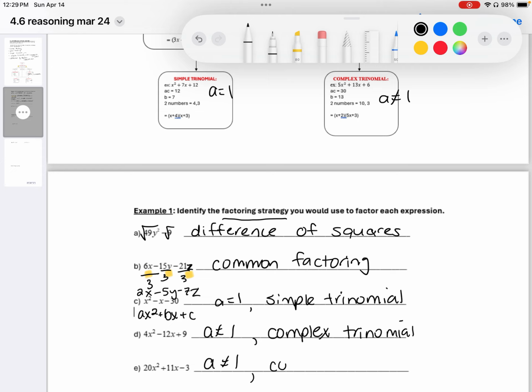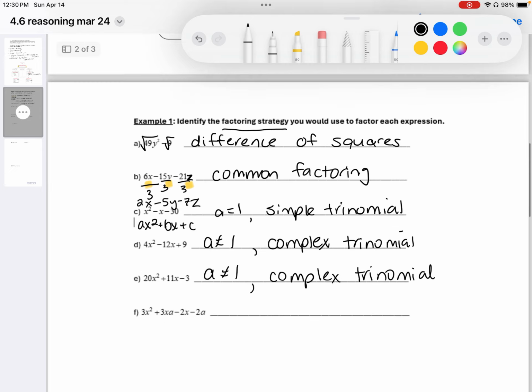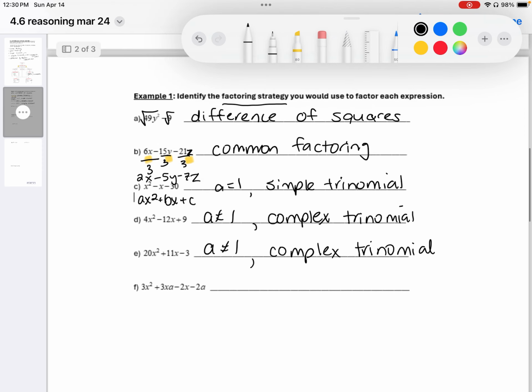In a question like this, it is not a requirement to factor the trinomial, but you could do that to check your answer, but you don't need to. Oh, and then this last one, it's got 4 terms, which is going to be group factoring.